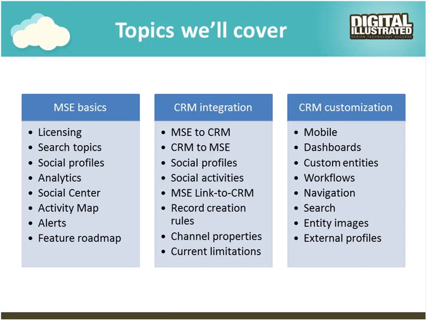Then how we can show that social content on maps, for example, or get trend alerts, and a few words about the feature roadmap, so what's been publicly made available about the upcoming MSE features.